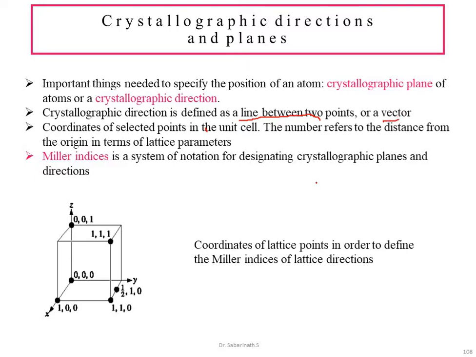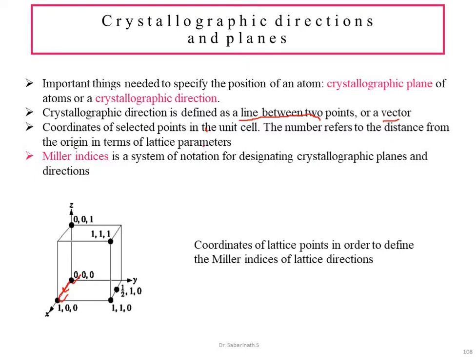Suppose there is one point here and another point here, so there are 2 points. These 2 points are interconnected by a line. This direction is known as a crystallographic direction. It can be represented in certain fashions, and here we will see how these things are represented.